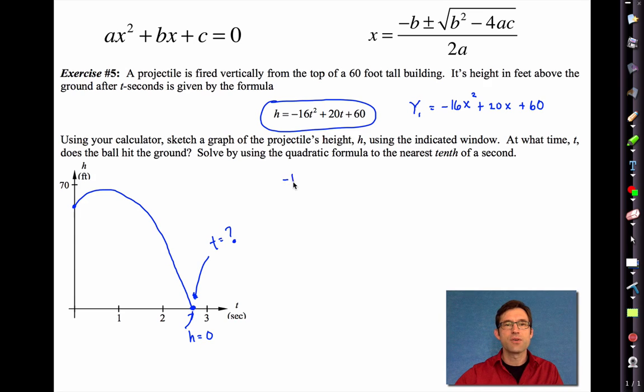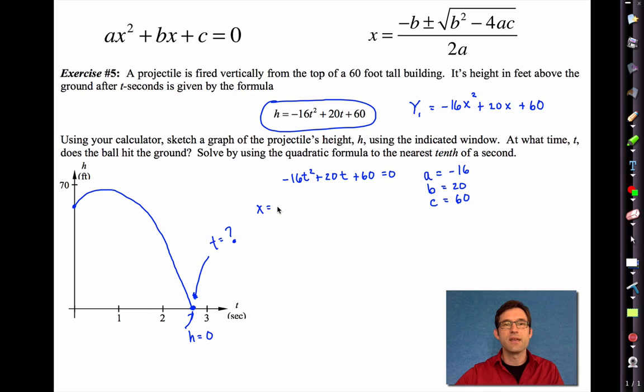So I'm going to take this equation, negative 16t squared plus 20t plus 60, and I'm going to set that equal to 0. And I'm going to use the quadratic formula with a equaling negative 16, b equaling 20, and c equaling 60. Now the numbers are going to be quite big here, but that's okay. That's why you have your calculator. So let's do it.